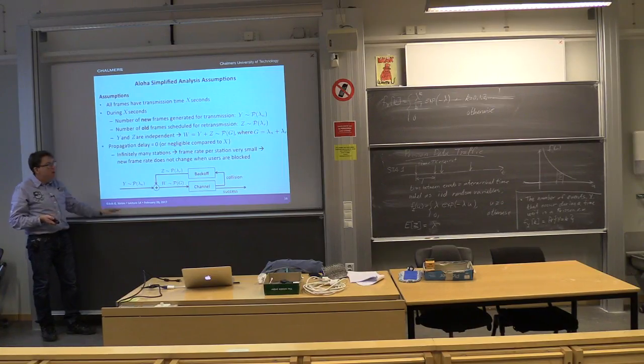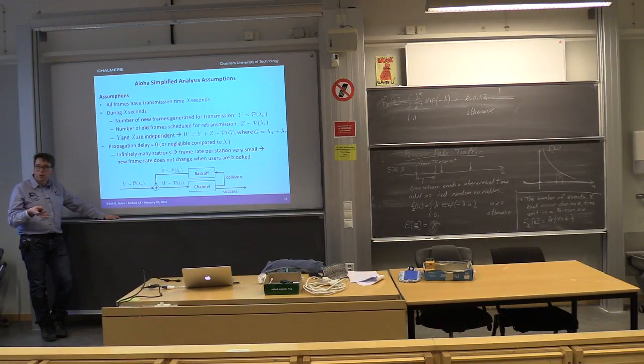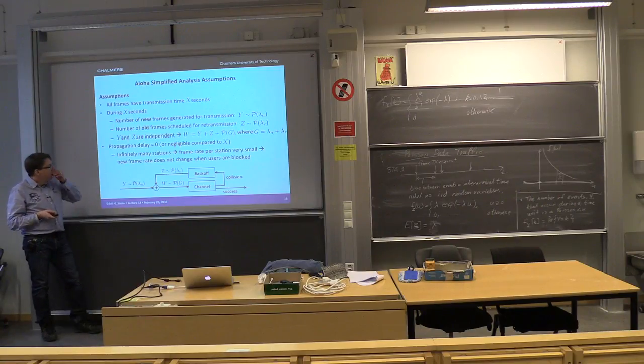And then we say we're going to have infinitely many stations, which means that the frame rate per station is very, very small. Otherwise, the system will be completely overloaded. So we can think of billions of stations, all of them having maybe one frame to be transmitted during a year or something. Very low rate per station, but together potentially a high rate.